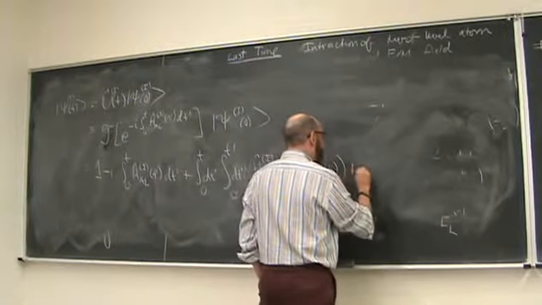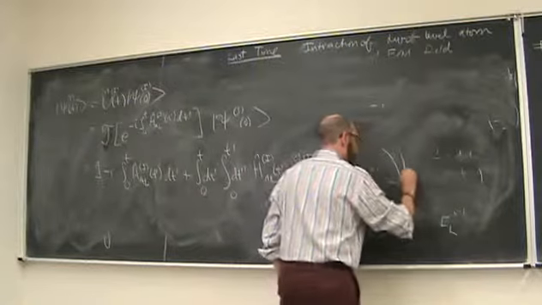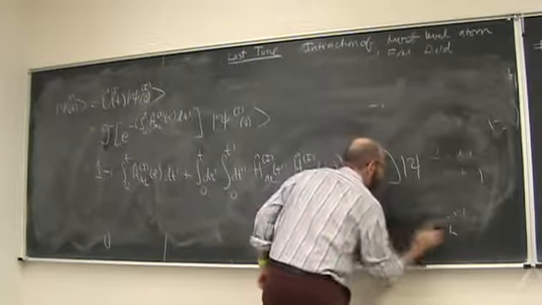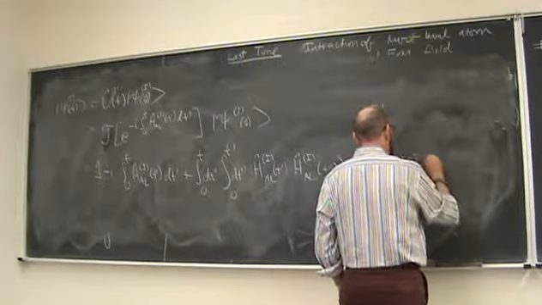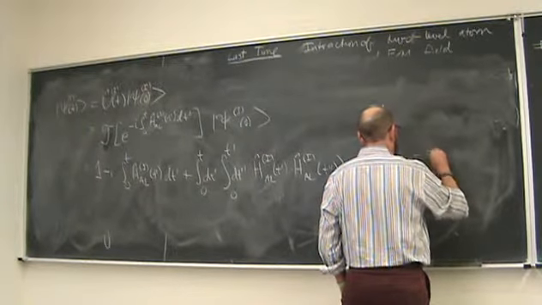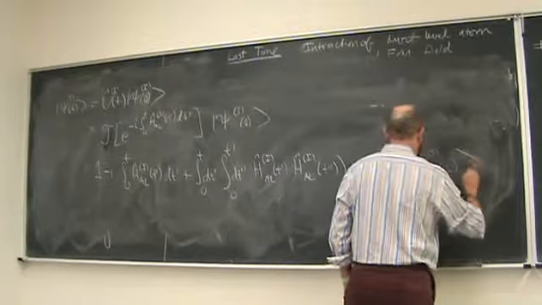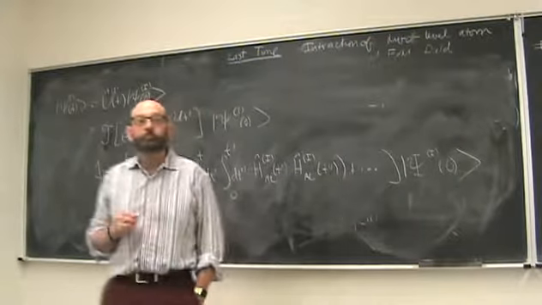This is the so-called Dyson series. So again, I haven't made any approximations yet. I just said this is a way of solving the time evolution, right?